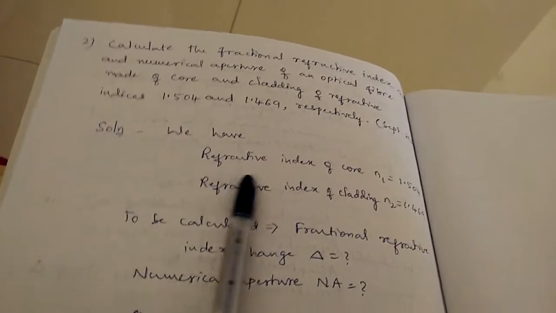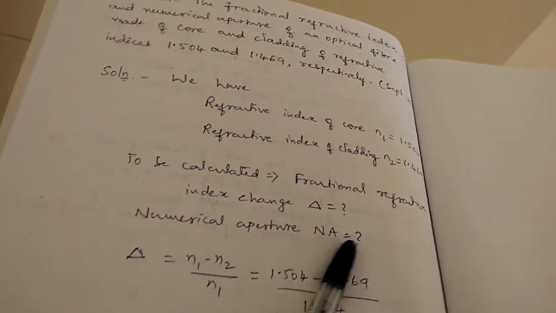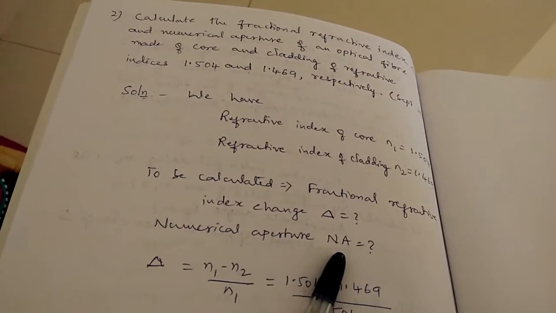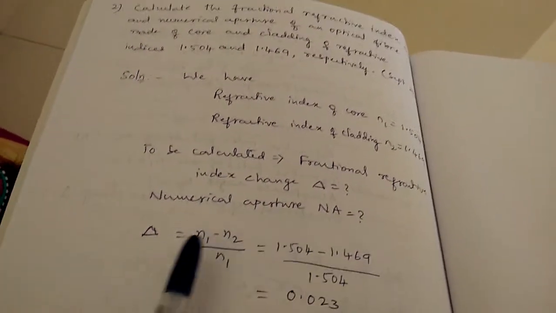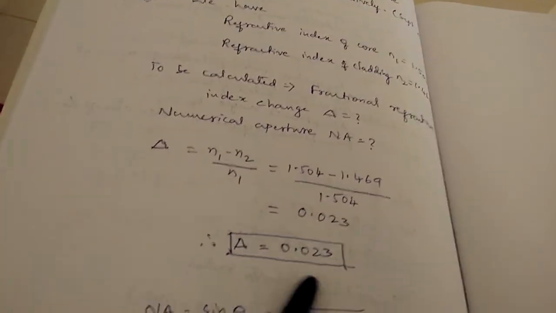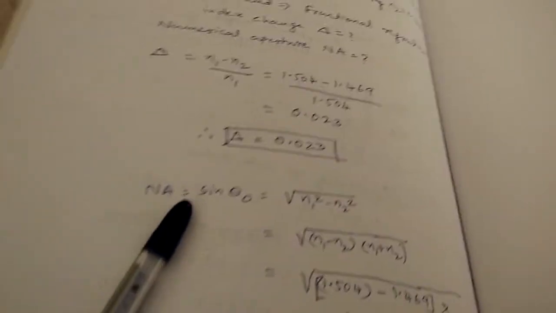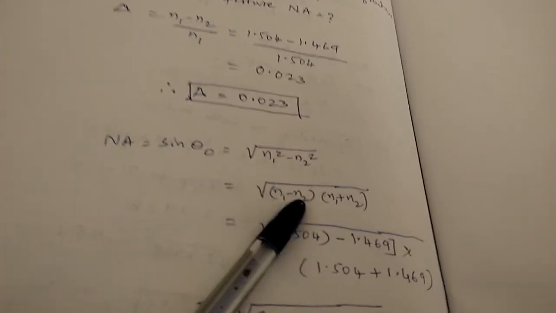The refractive indices of core and cladding are given, so you can directly find out NA and delta. You see, I have found delta here. Just substitute and you get delta equal to this much, and numerical aperture by this formula.